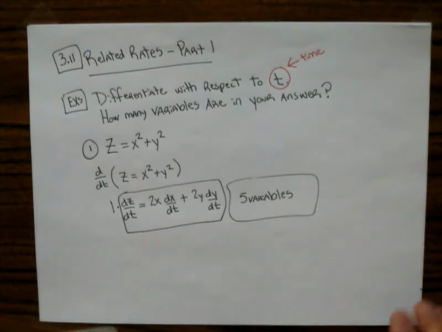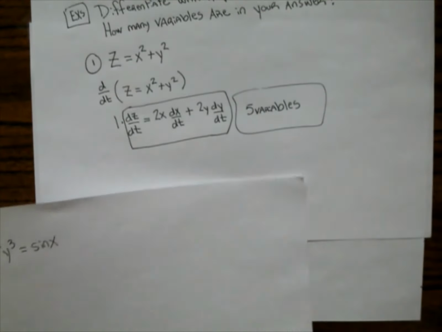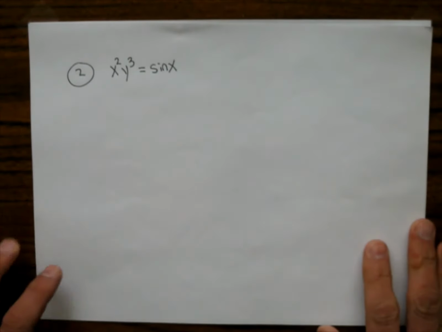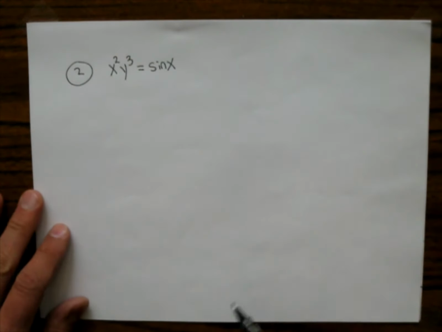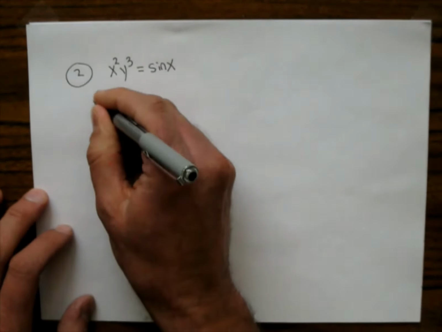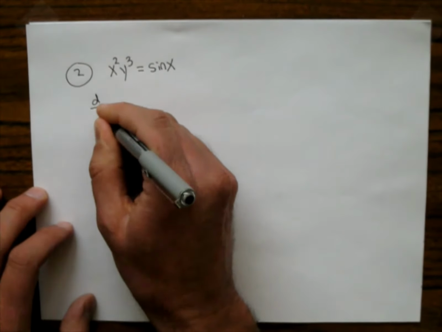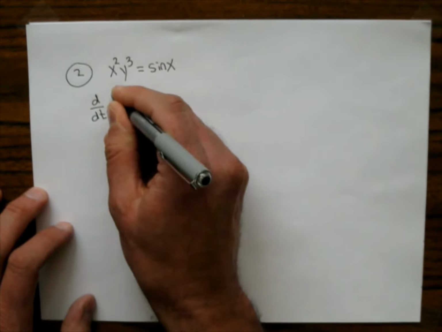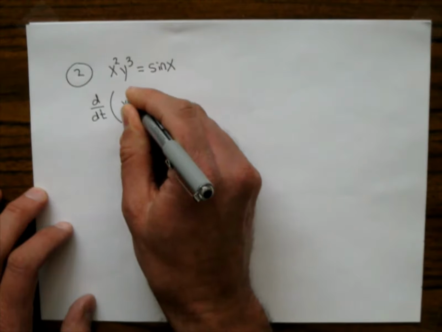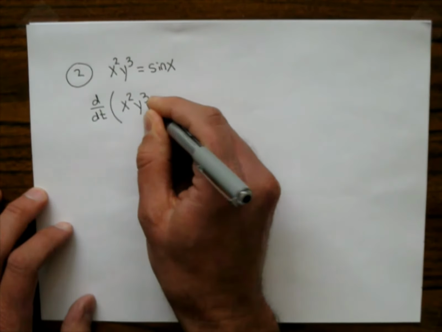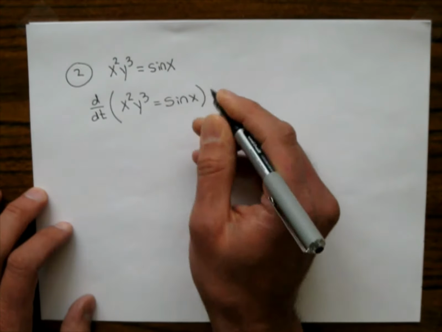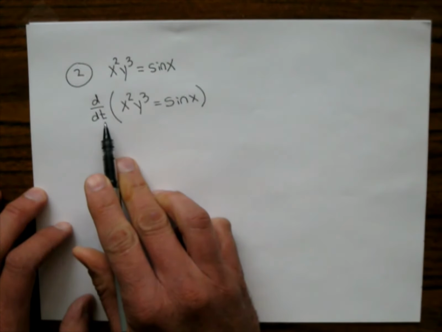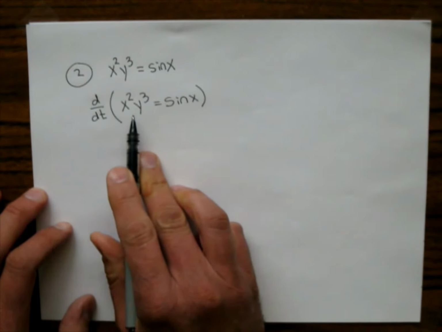Let's go ahead and do another one that is similar. We are differentiating with respect to time. So I'm going to go d dt, or with respect to t, of x squared y cubed. Just rewriting this. For the derivative of this product, we're going to use the product rule.